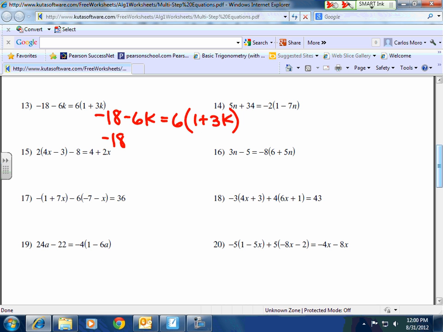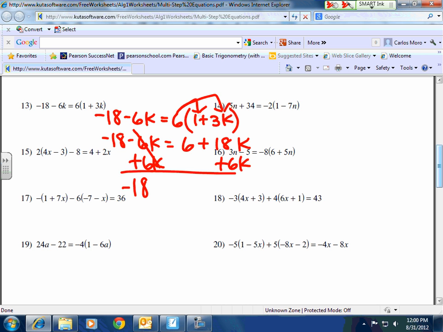So I got negative 18 minus 6k equals, distribute the 6, that's 6 plus 18k. Combine like terms on both sides. I don't have any like terms to combine on both sides. I get all of the variables on one side. It's the next step. So I add 6k to both sides. Negative 18 equals 6 plus 24k.